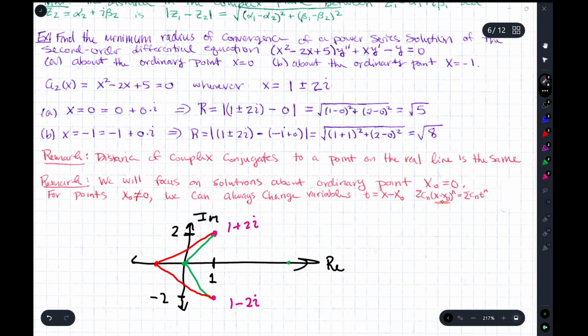We set that equal to t, and now we're looking at the ordinary point where t equals 0. So you can shift the problem, and because you can, we're just going to focus on the case of the ordinary point equal to 0.